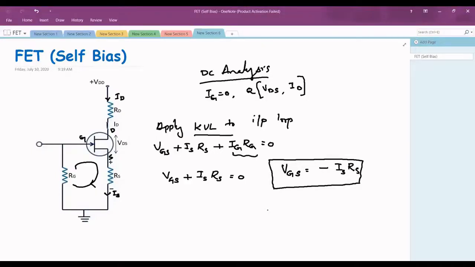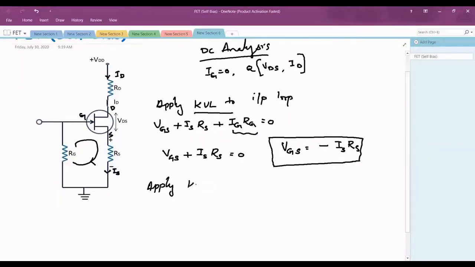The current flowing through RS itself is used to generate a voltage equal to ISRS. That voltage in turn is used to reverse bias the FET. Hence the name self-bias.